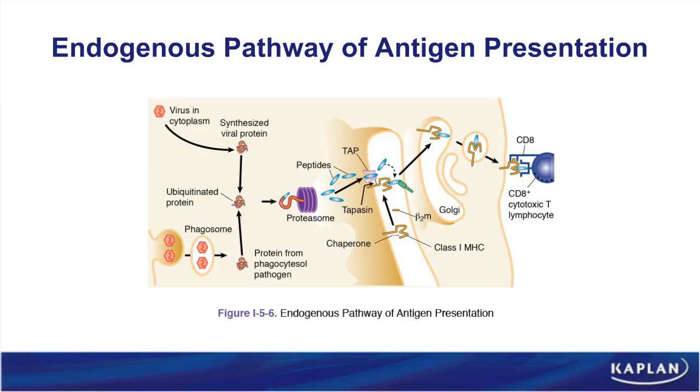So you have to know that TAP mutations result in class 1 deficiencies, result in CD8 deficiencies, and in general, what they're likely to ask you is what that means. What are you going to see in a patient, or if they're doing research in an animal? You're going to see an increased susceptibility to viral infections.